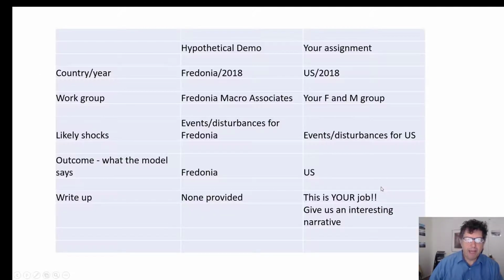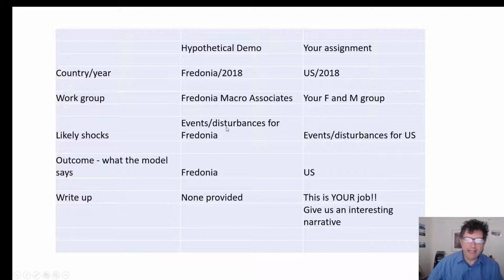Okay? So in your hypothetical demo, we're going to be looking at a hypothetical country, Fredonia 2018. You'll be looking at the US. The work group, we're thinking of like a hypothetical group. We'll call them Fredonia Macro Associates. This is your F&M group.